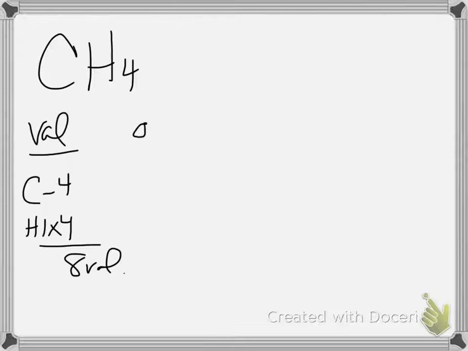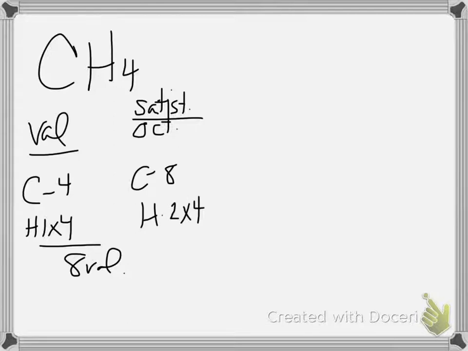If everyone was happy, I should really count satisfaction electrons. How many electrons would everybody be satisfied with? Carbon wants 8. Hydrogen wants 2. So 16 if everybody's fully satisfied.